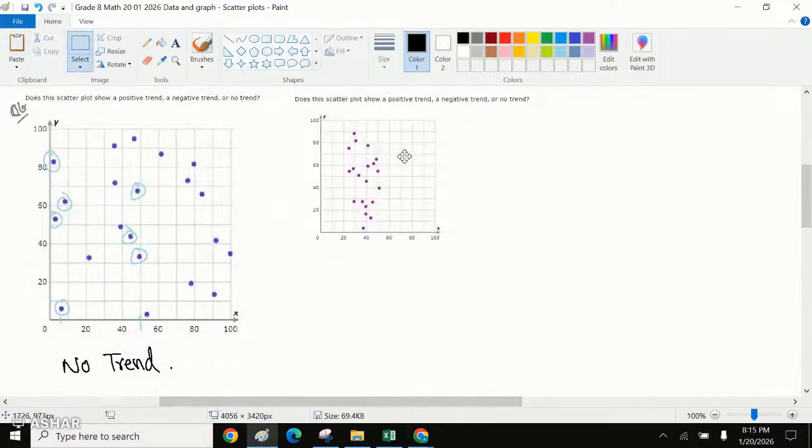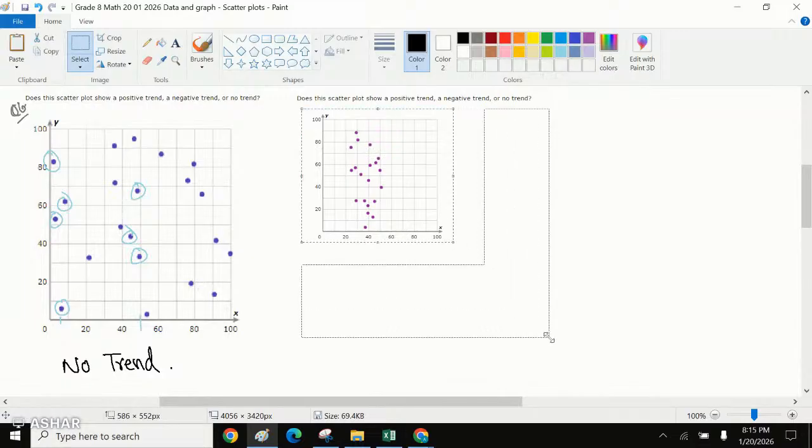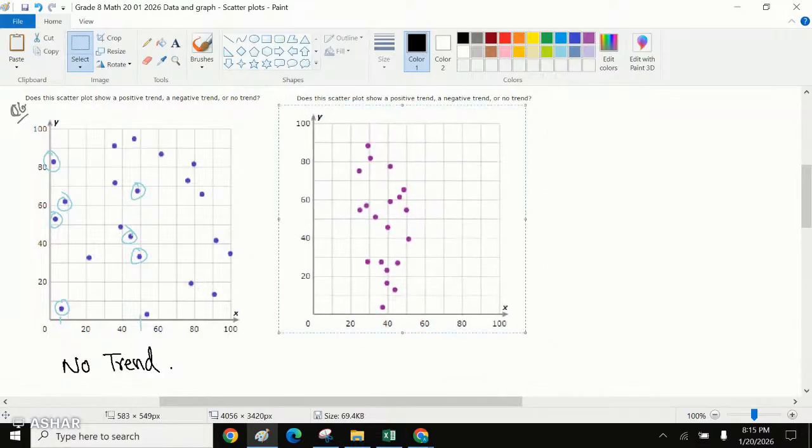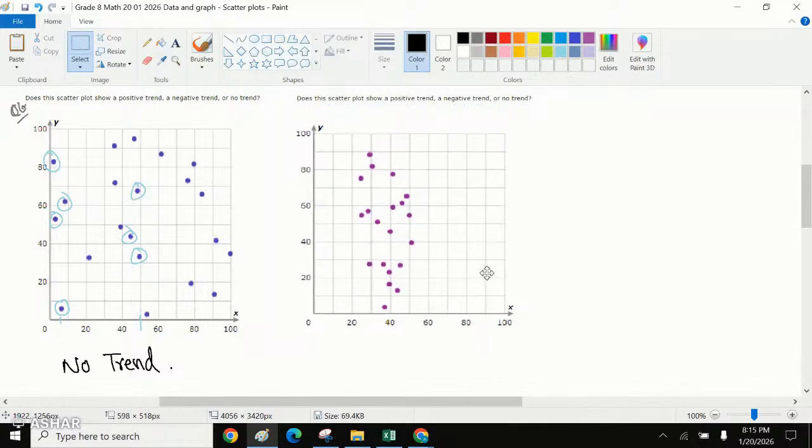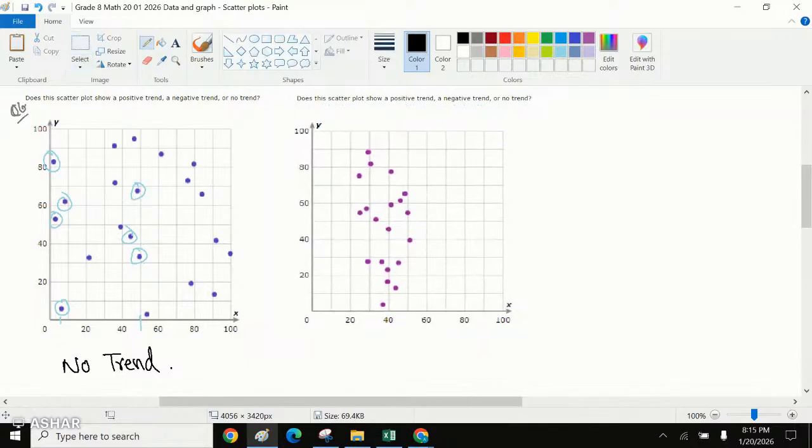This is the question given to us, and this is the graph that is given to us, right? We need to find a particular trend over here. What we can see is the values are scattered throughout, right? The values are scattered.